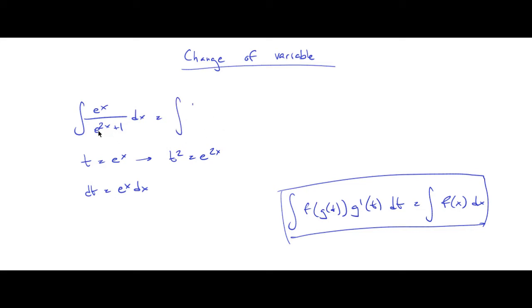And this is 1 plus t squared. So what you get is the primitive of 1 divided by 1 plus t squared, which is the arctangent of t.